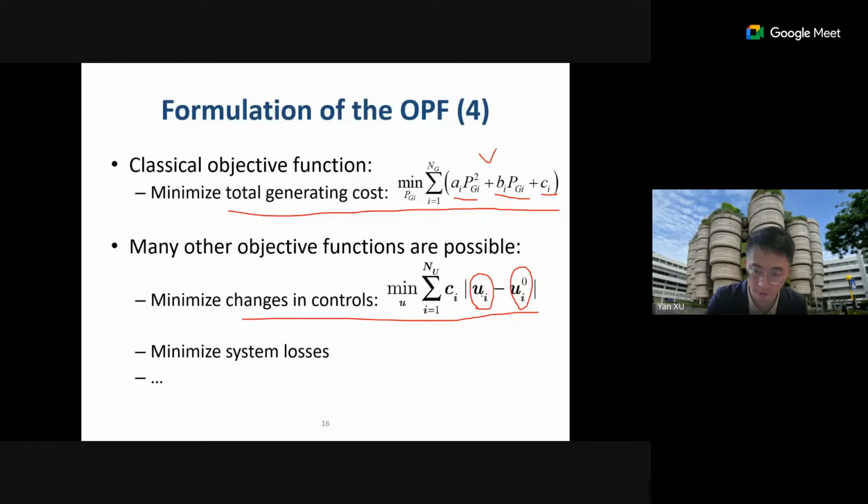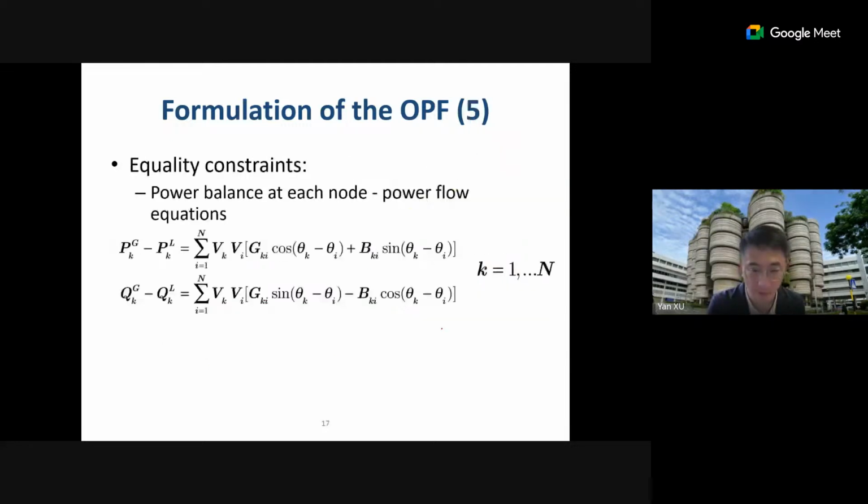So this is the new status, this is the original status, and we want to minimize the change. Besides, we can minimize the power system loss, and you can minimize other objective functions as you want. But clearly you want to model the objective functions in a simple, mathematically tractable way. However, the biggest challenge of the OPF comes from the equality constraints.